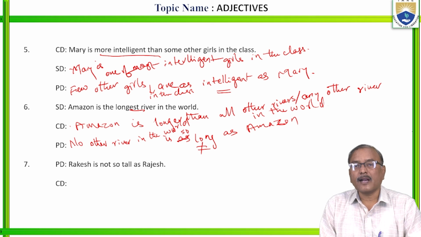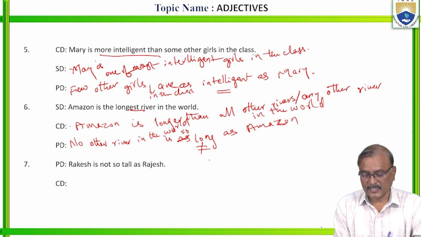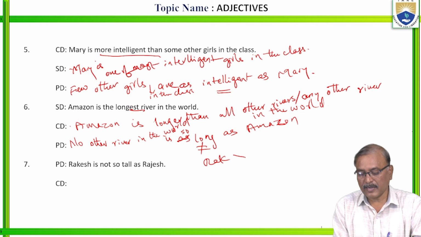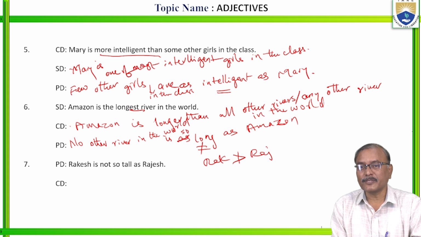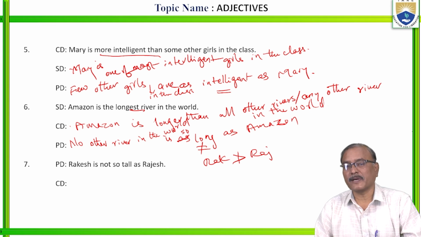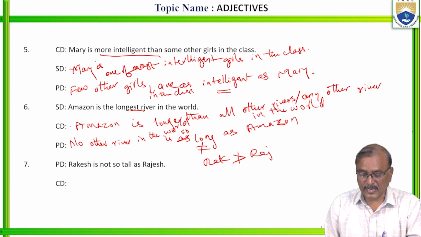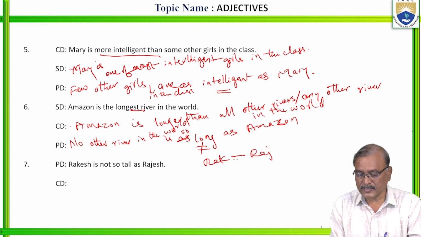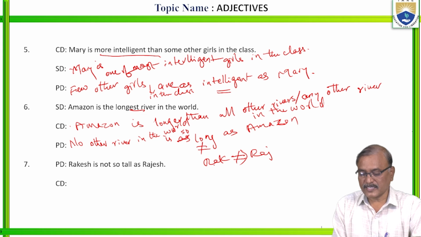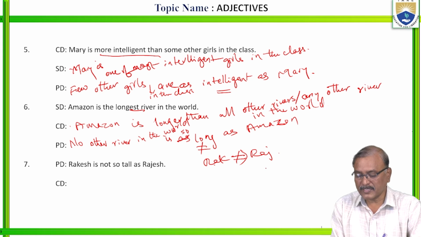Next. Rakesh is not so tall as Rajesh. Is it clear? Only two. Means superlative is not possible. Okay, it is not so tall. Rakesh is not so tall as Rajesh. Means this person, Rajesh, may be greater than Rakesh.